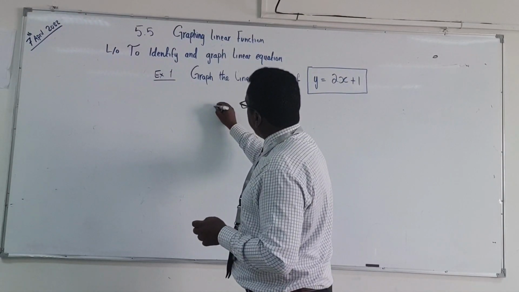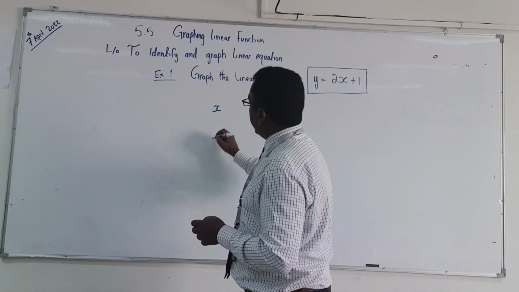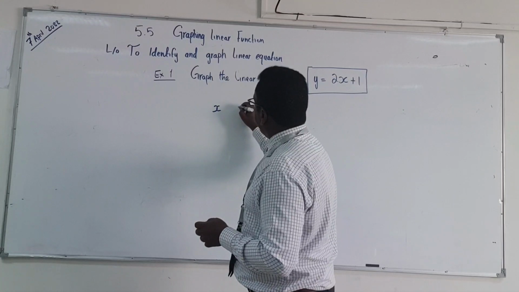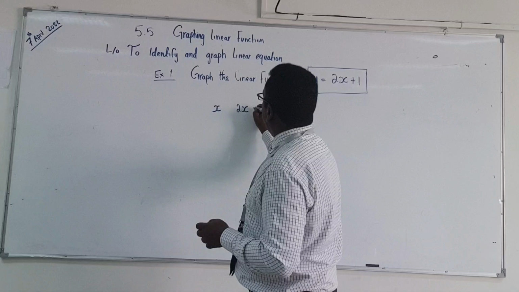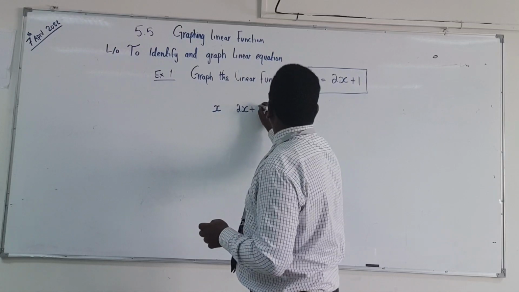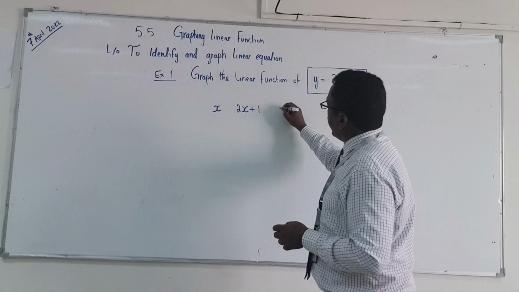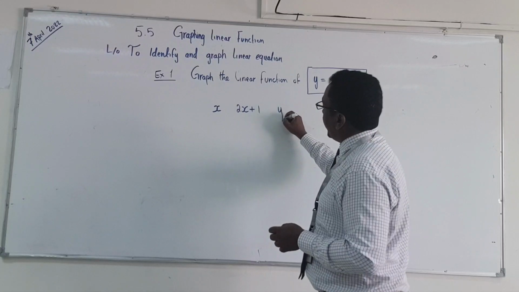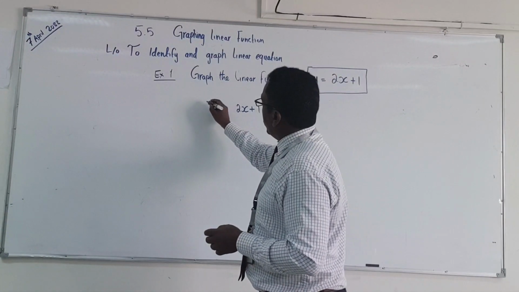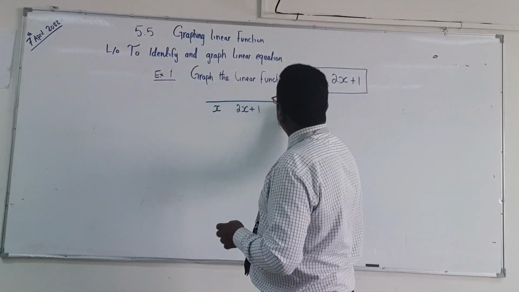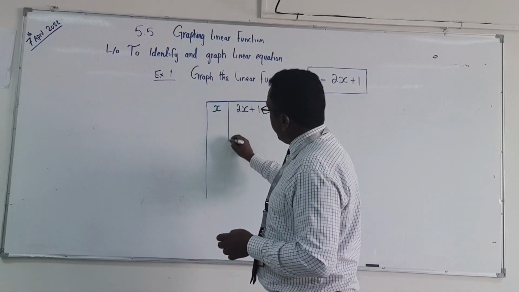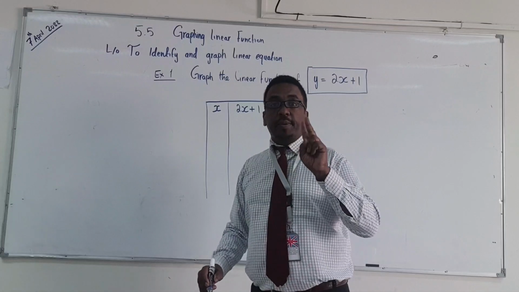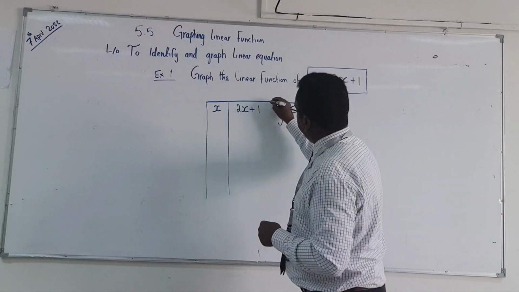We have x, and we have 2x plus 1, and we have output which will become y. So we're going to draw the table here. Also remember, we only need 3 points to draw the graph.